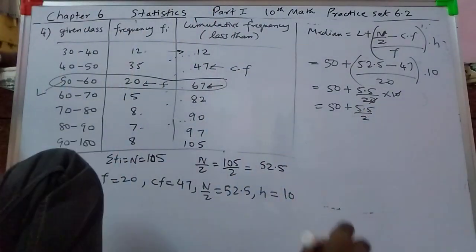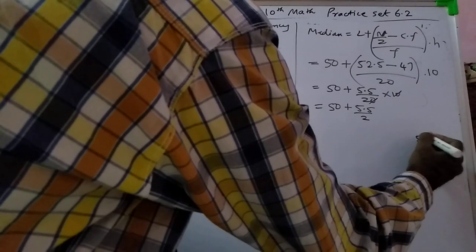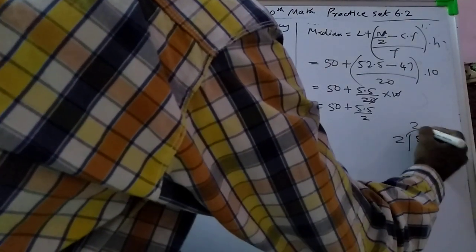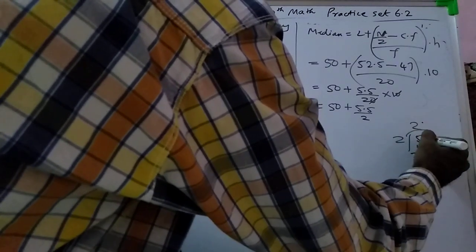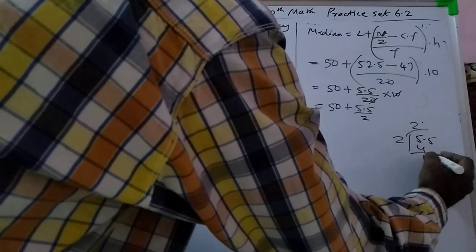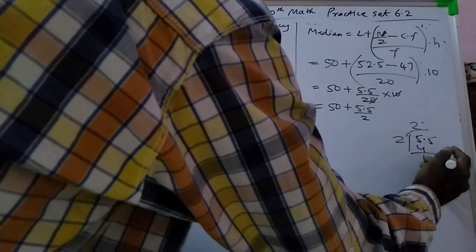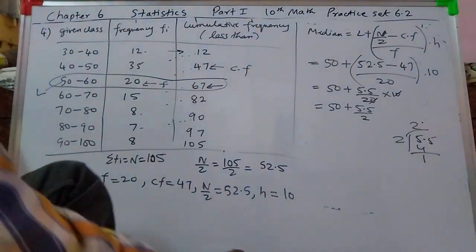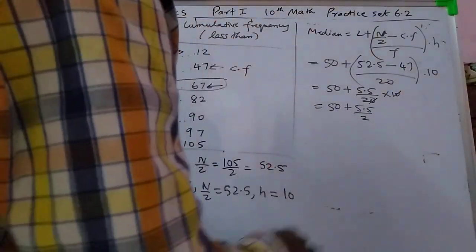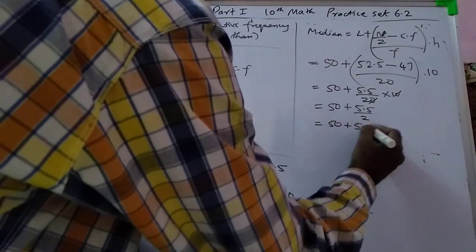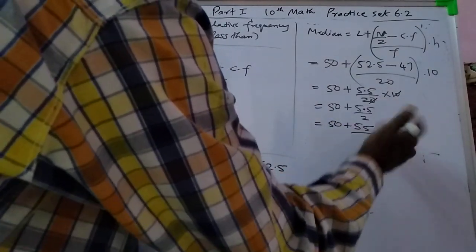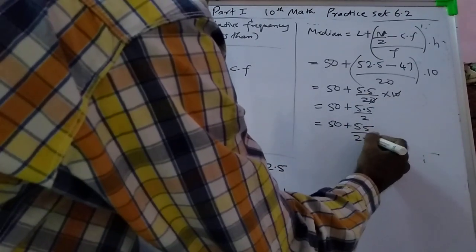Okay. That you can divide somewhere here. Because the point is there, take 15. Or do another way, or remove the point. Okay. It will become 50 plus 5.5 upon 2. Remove the point, bring the 10 down. Okay.